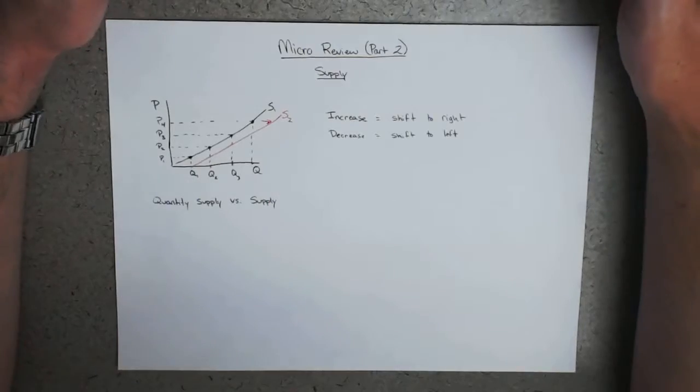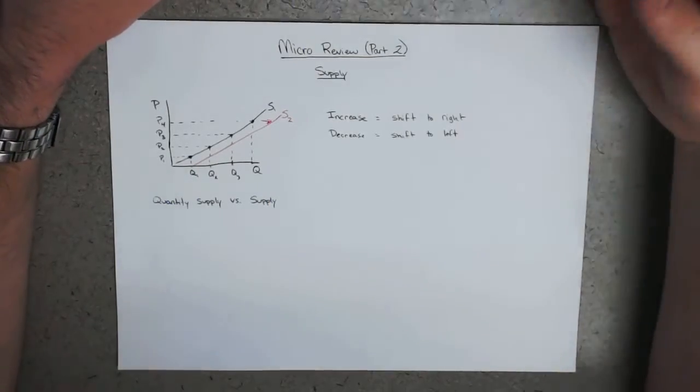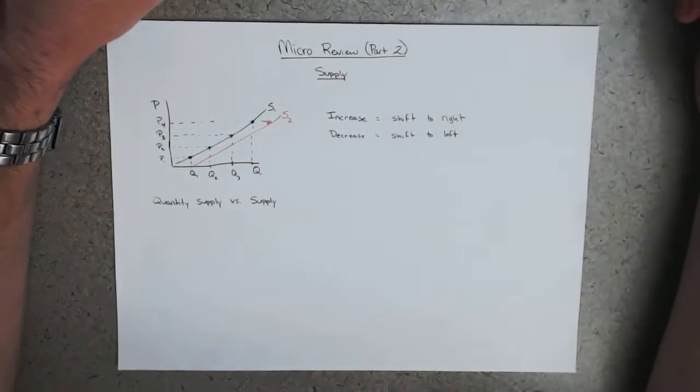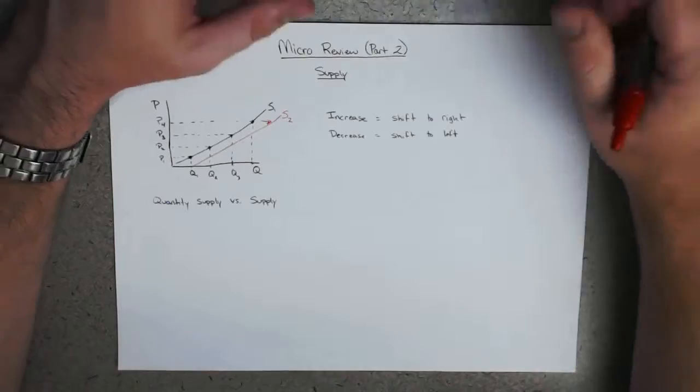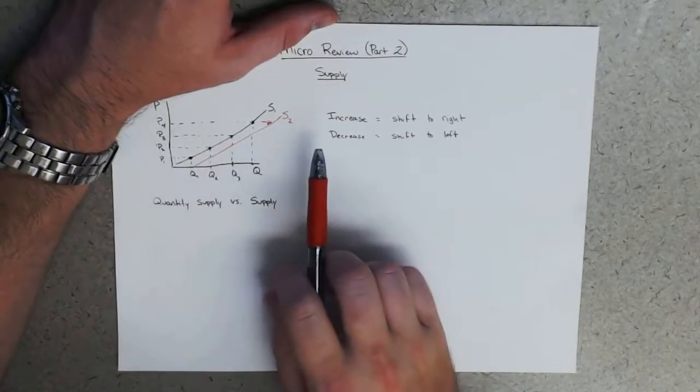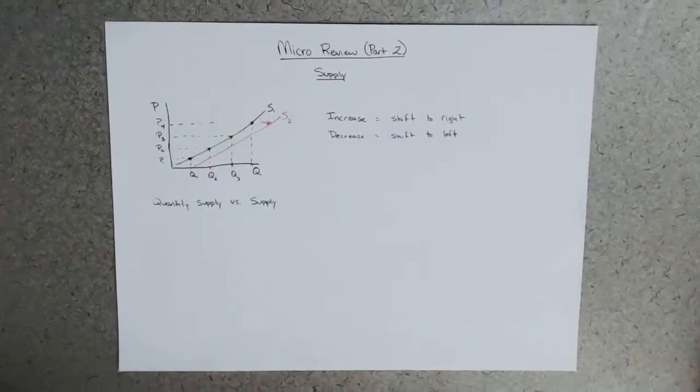And what happened? Well, he was able to pump out cars really, really quick, boom, boom, boom, boom, boom. And as a result, there are more cars available, and so the supply of cars shifted to the right, okay? We don't really see decreases in technology.